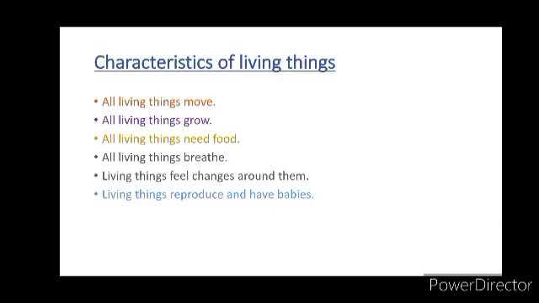All living things can move, all living things can grow, all living things need food, and all living things breathe. Living things feel changes around them also, and living things reproduce, and some animals have babies. These are some characteristics of living things.